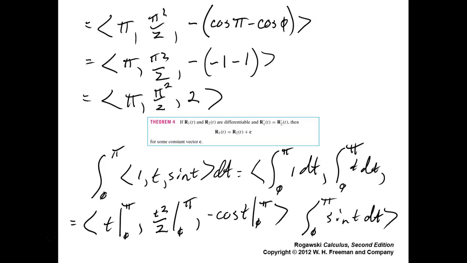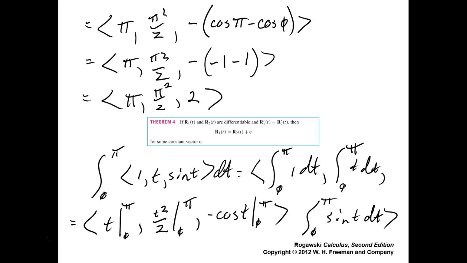They're both vectors, okay? In the single variable case, two functions with the same derivative differ by a constant. Similarly, two vector valued functions with the same derivatives differ by a constant vector. The vector does not depend on t, but it's a constant vector.